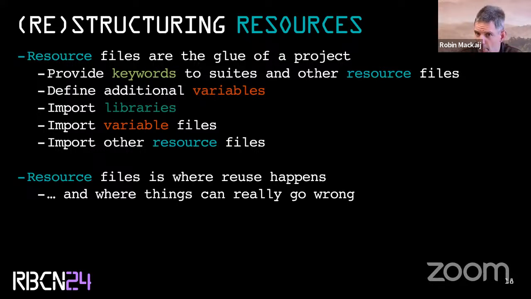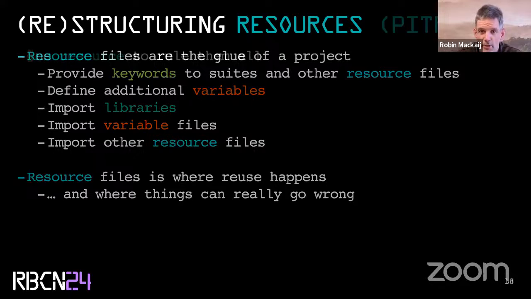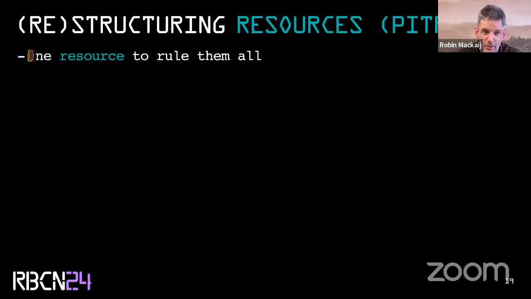So this is naturally the point where things can go really wrong. One of my favorites there is the one resource to rule them all. I've written those. It's really nice in your test suites.